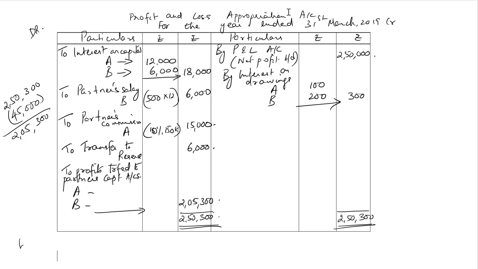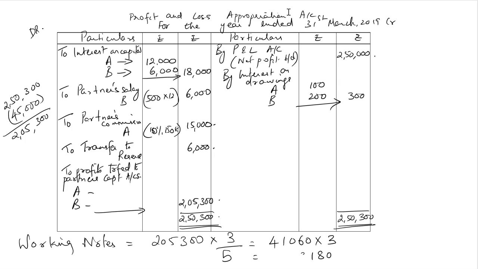So working notes, three by 5 for A, which is 1,23,180, and for B it's 41,060 into 2, which is 82,120.